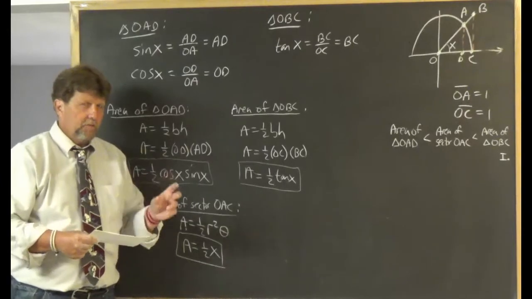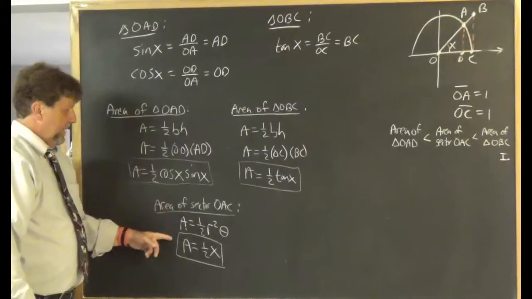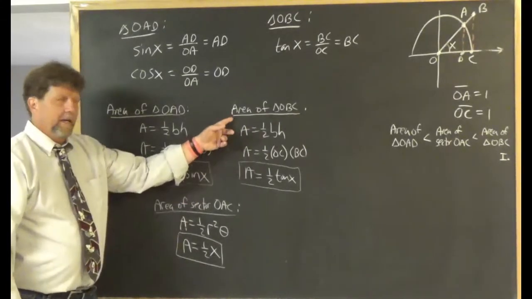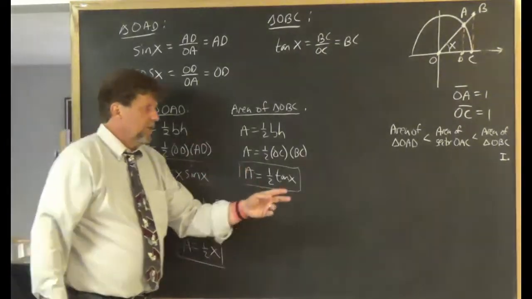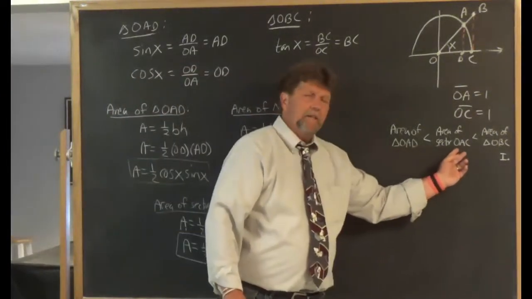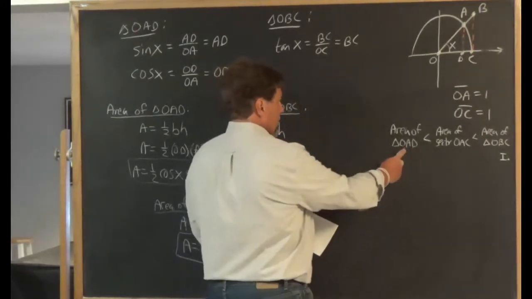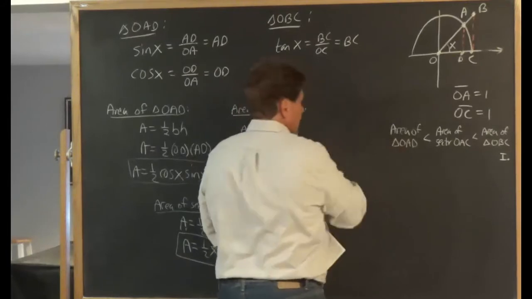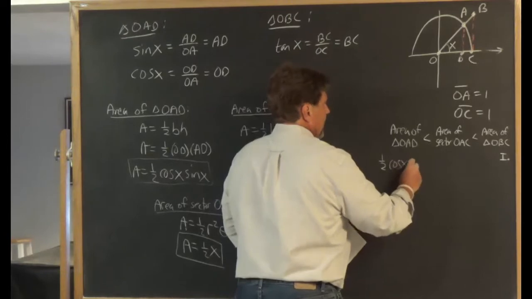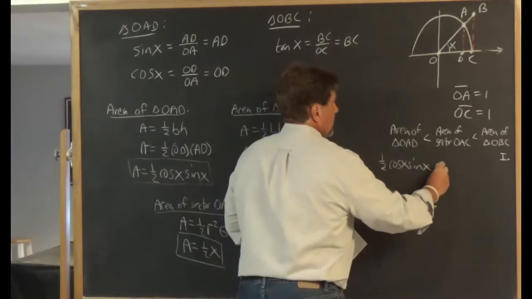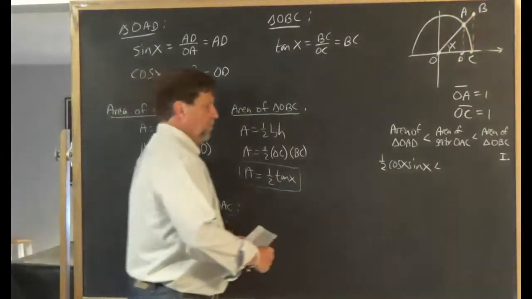Since I have an expression for the area of triangle OAD, sector OAC, and triangle OBC, I'm going to substitute these expressions into this compound inequality that we numbered 1. Triangle OAD has an area of 1/2 cosine x sine x. Sector OAC has an area of 1/2 x.